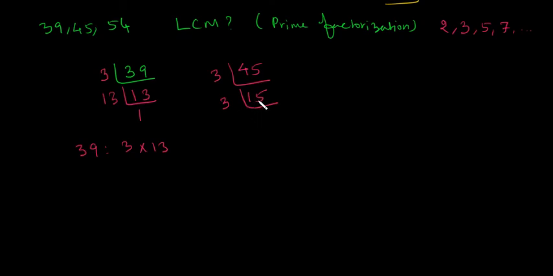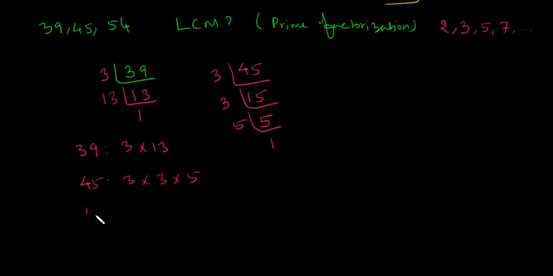How many 3s are there in 15? 5. Can we divide by 3 again? No. So we move to the next prime number, 5. How many 5s are there in 5? 1. So 45 can be written as 3 into 3 into 5.